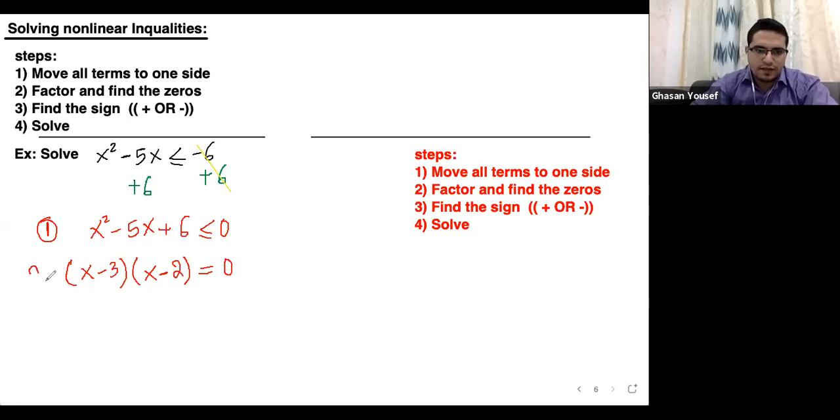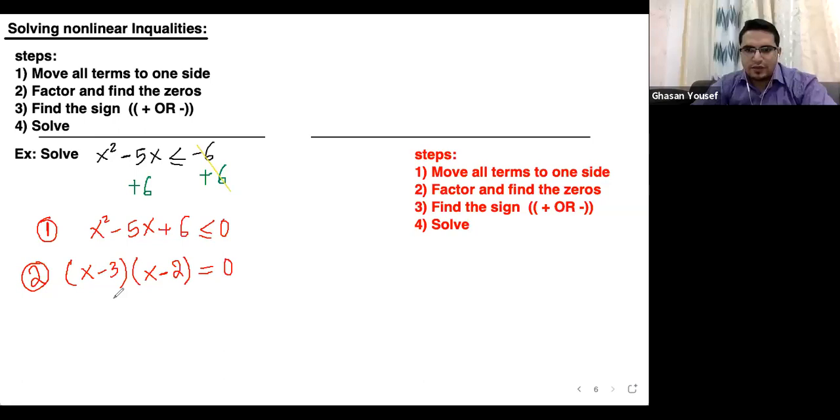This is the second step. What are the zeros after factoring? 3 and 2, Bamila said. This is correct, Bamila, but can you explain what you're doing, which property you use like before?